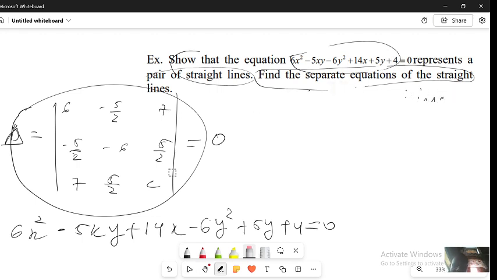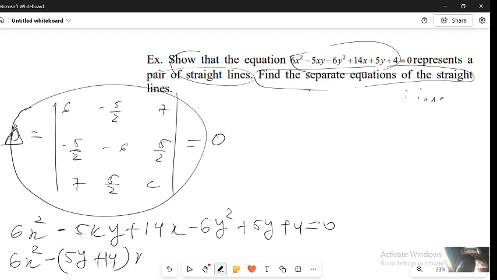Now, from here, I can bring this equation like 6x squared plus minus 5y plus 14 under x, and then the remaining part, minus 6y squared plus 5y plus 4, equal to 0.